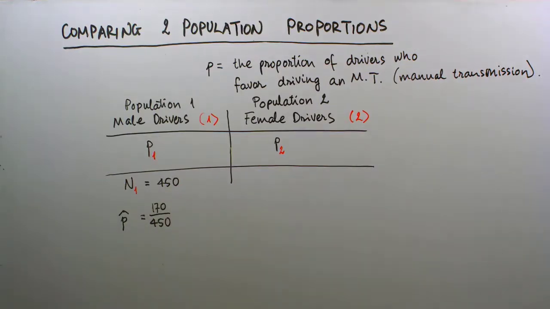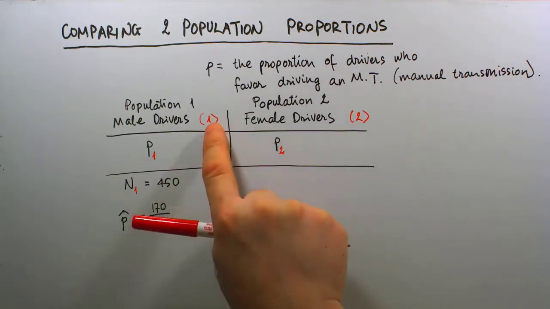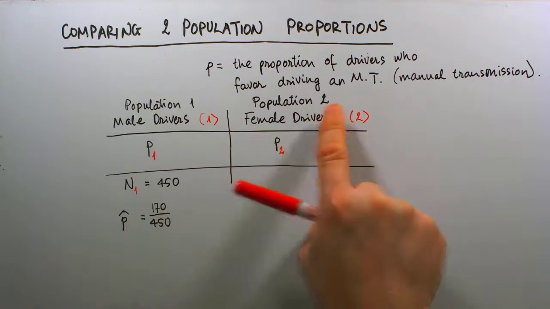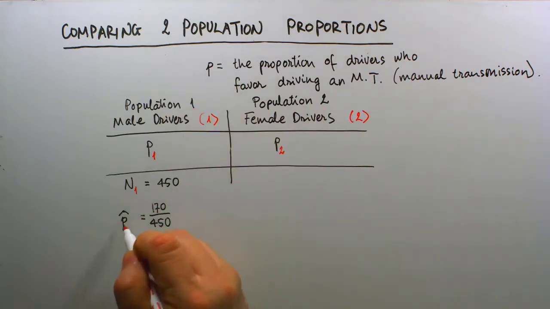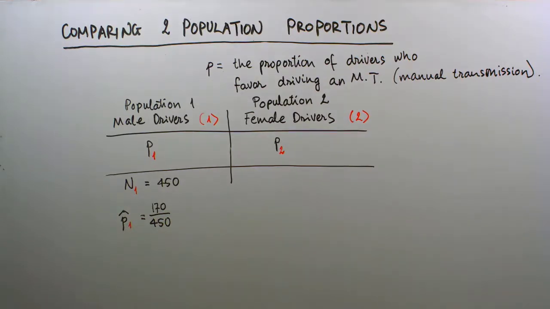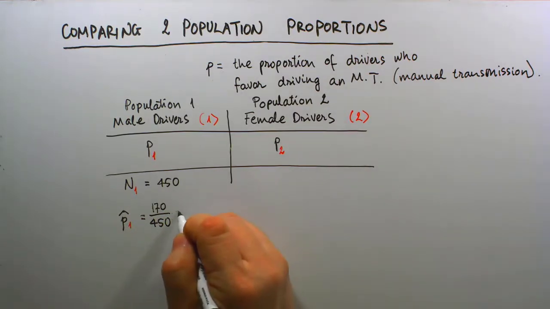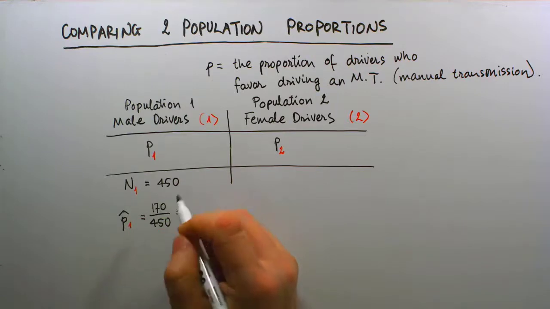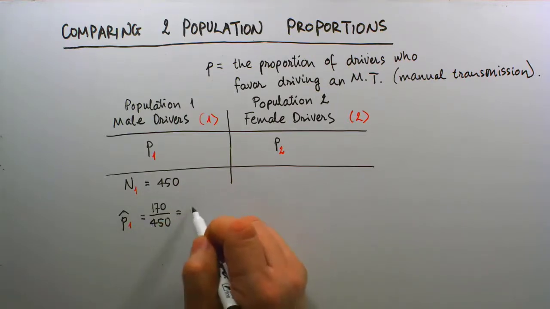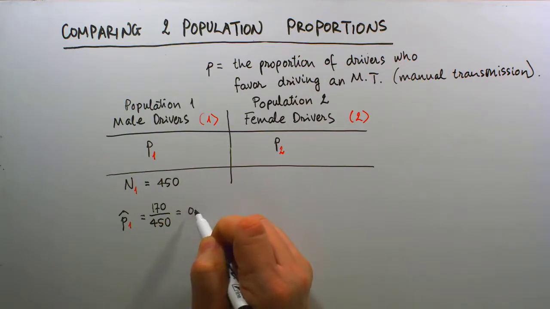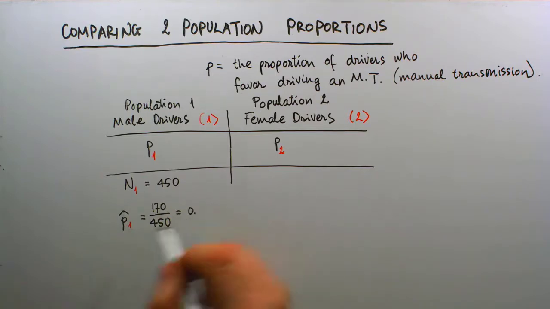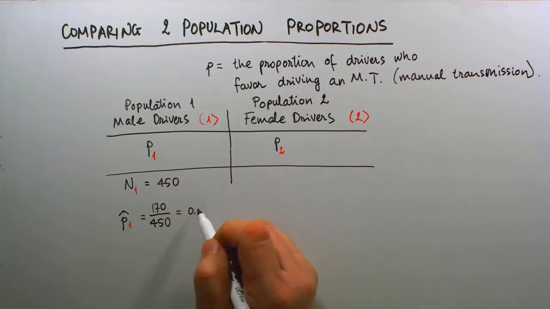And then further, under the convention about the numerical labeling we gave for the two populations, I would refer to this p hat as now p hat 1. And so with a quick calculation, my value for p hat 1 here is, and usually for any proportion values, including sample proportion values like this, I am going to round to 4 decimal places.